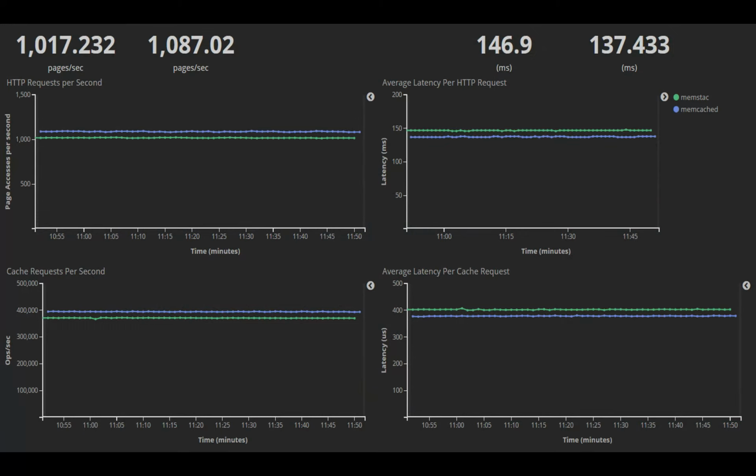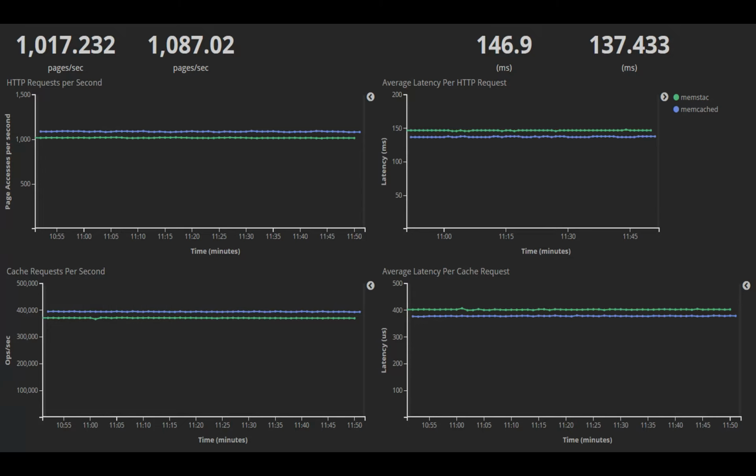The following is the results from our Kibana dashboard that is monitoring the application performance as well as the backend cache performance. The top two graphs are application level, showing the number of page requests per second and the associated latency. The bottom two graphs show the corresponding cache performance. For a typical e-commerce web page, a single page request can result in hundreds of backend queries.